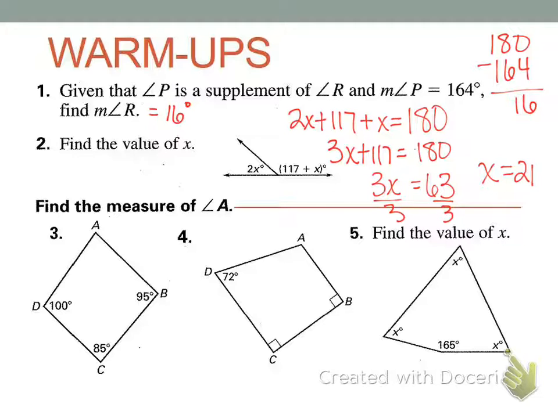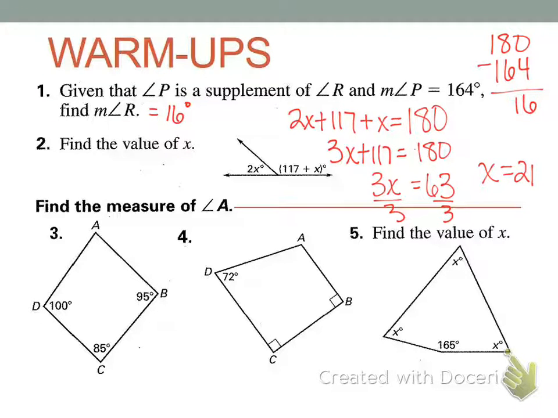Okay, on number 3, we're finding the measure of angle A. So we know all the angles inside of a quadrilateral add up to 360. So we would take 360 minus 100 minus 85 minus 95.